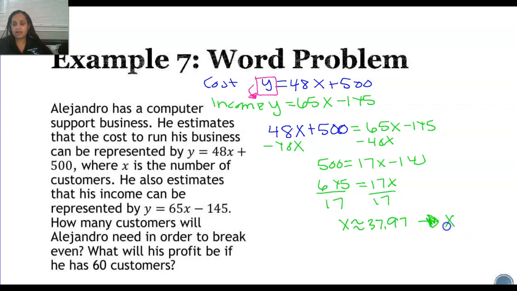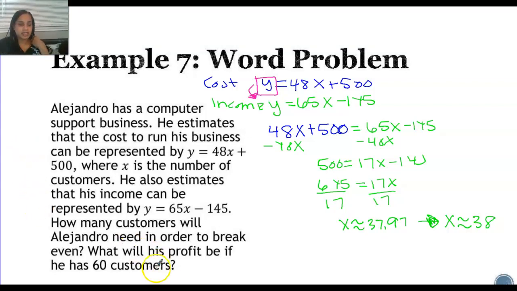So I'm going to go ahead and approximate to 38. So it would make sense for him to break even at 38 customers. Won't be exactly right, but that's as close as it's going to get, because we're not going to chop someone's pinky finger out to make this come true.